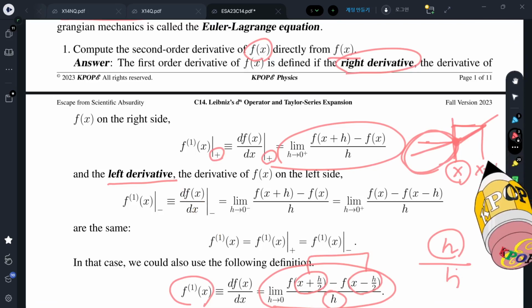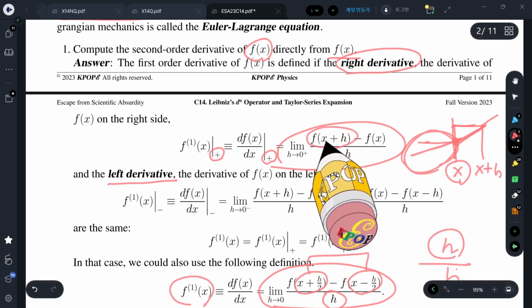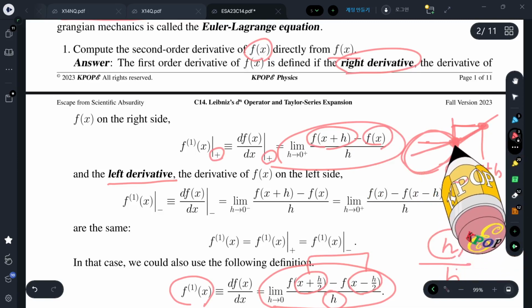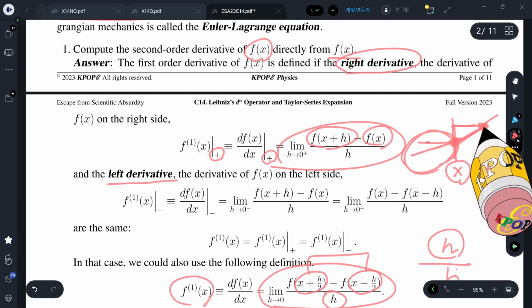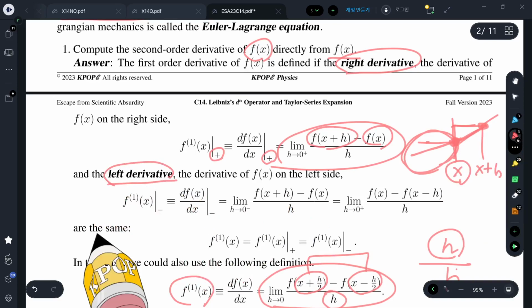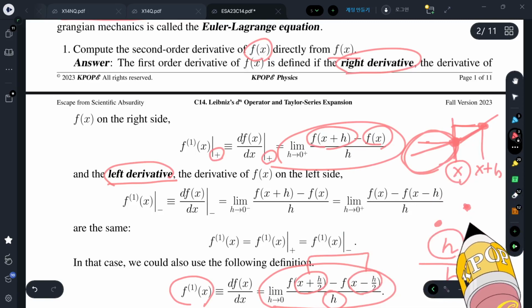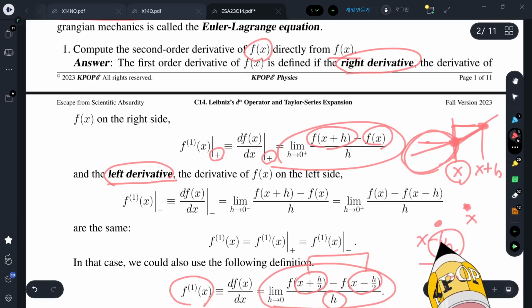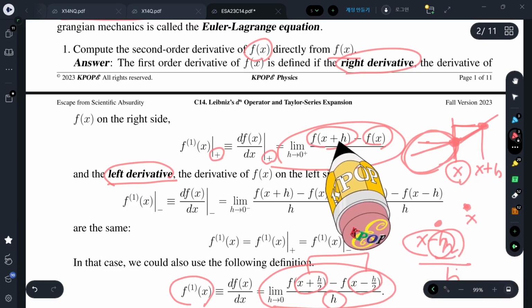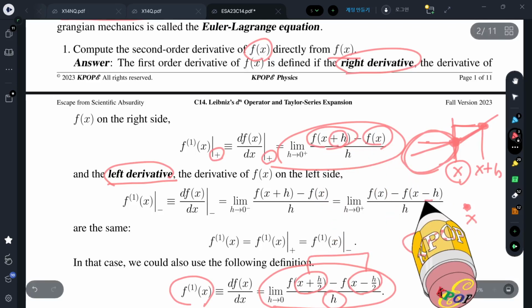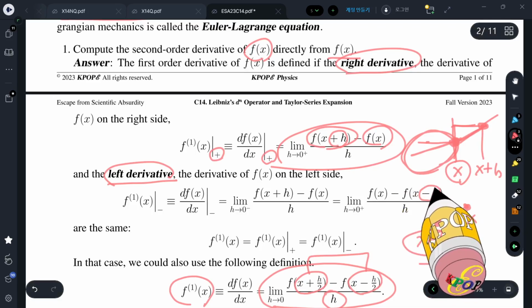The right derivative is evaluated using the 2 data points at x and x plus h. The left derivative is evaluated at 2 data points, x and x minus h. So here this plus h appears on the left one and minus h appears on the right one.